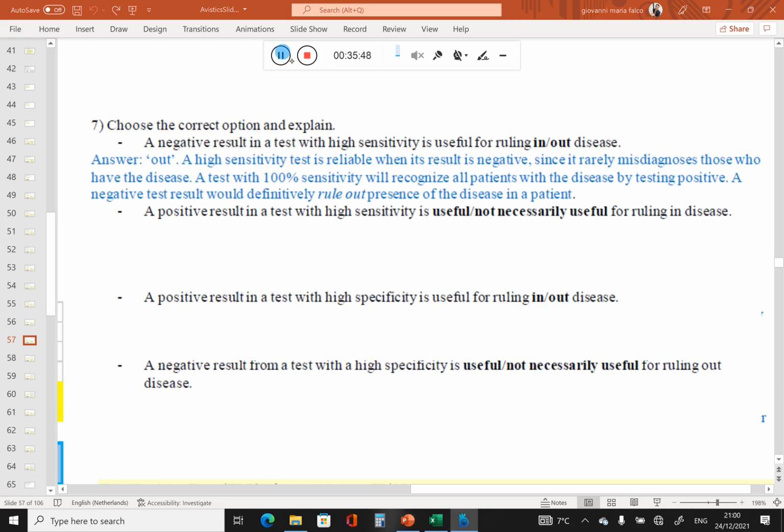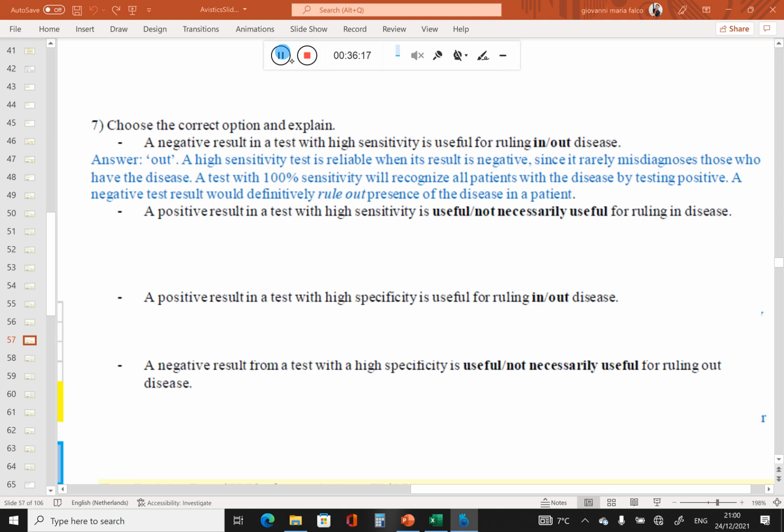In particular, if I have a test which has 100% sensitivity, so this means there are no false negatives, then that basically will definitely rule out the presence of the disease. And what about then a positive result in a test with high sensitivity? Does the fact that sensitivity is very high mean that this is useful for ruling in the disease, or not necessarily?